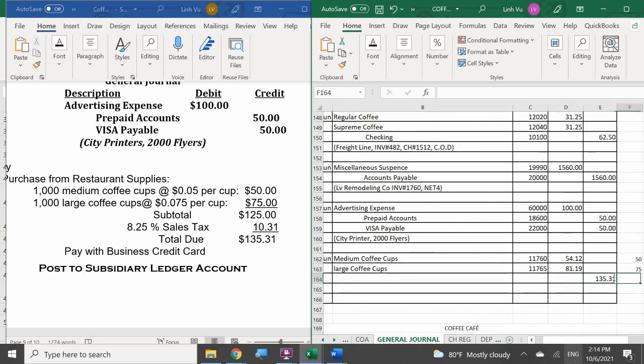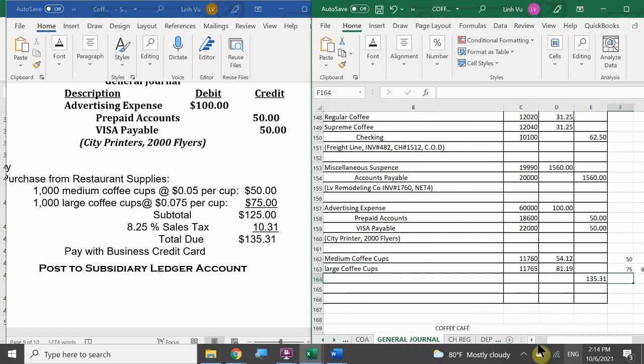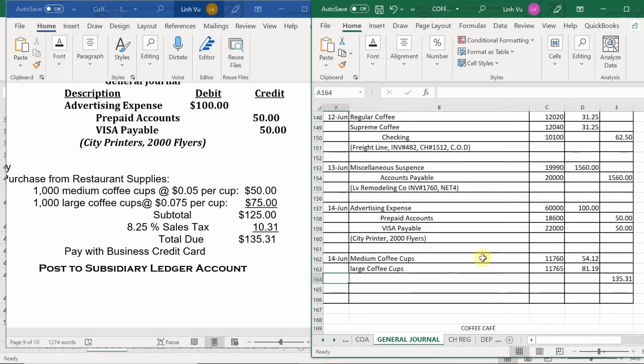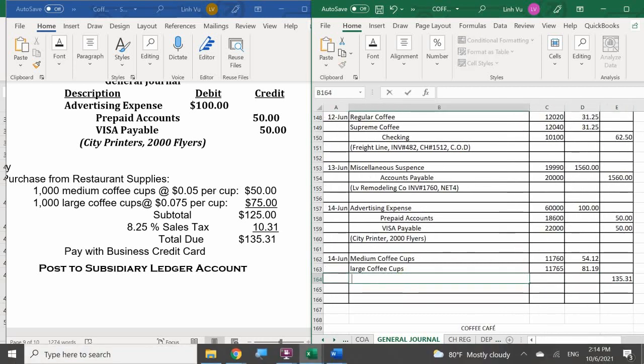If I did it separately, then you will have that extra penny there. What did I use to pay for these coffee cups? The credit card. Visa payable. So that's 22,000.